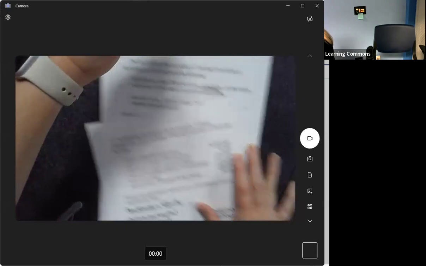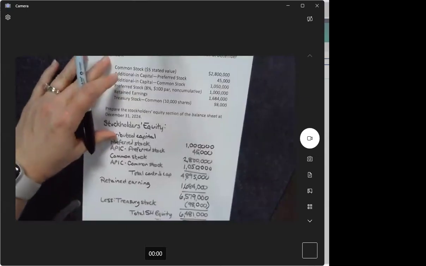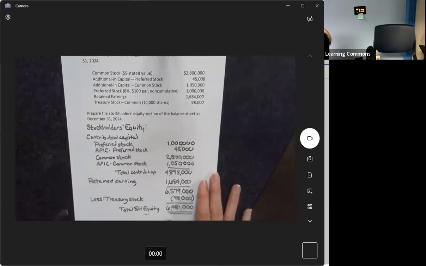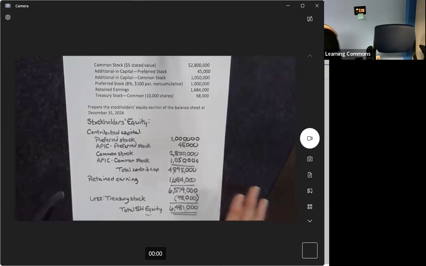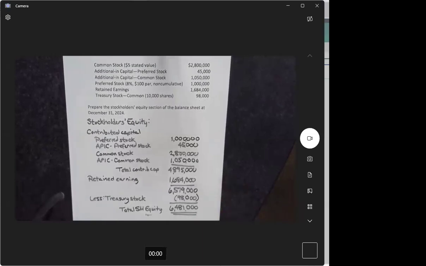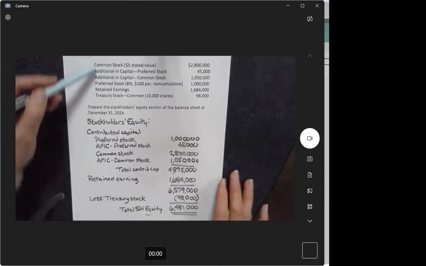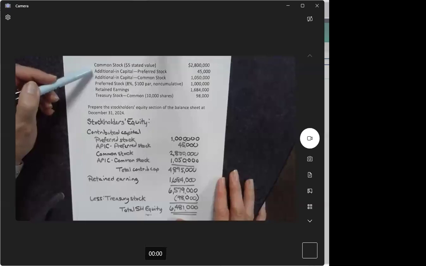As we think about that stockholders' equity section of the balance sheet, what does it actually look like? Because it's, again, a little more involved than what we've done up to this point, because now, instead of common stock and retained earnings, we've added all these extra equity accounts that we hadn't seen before.